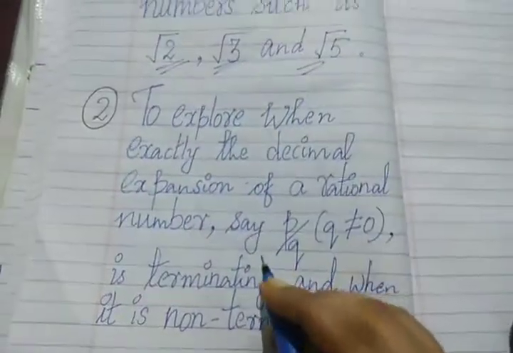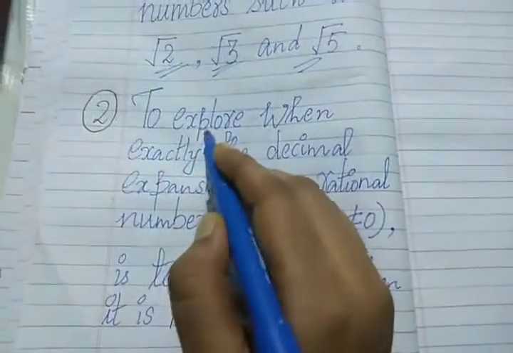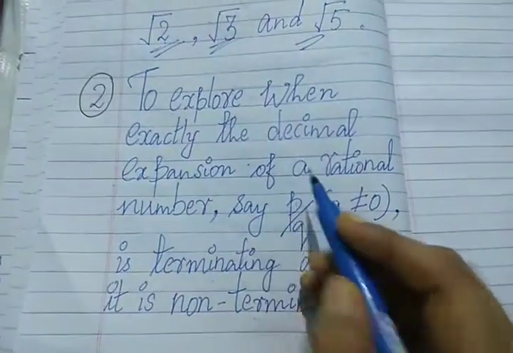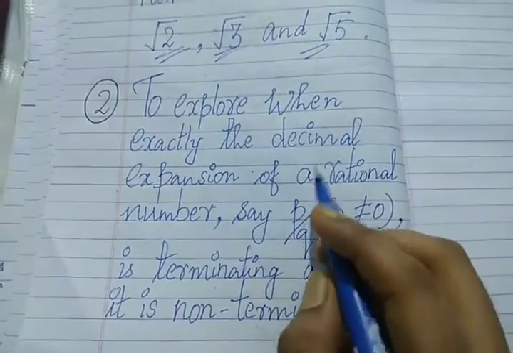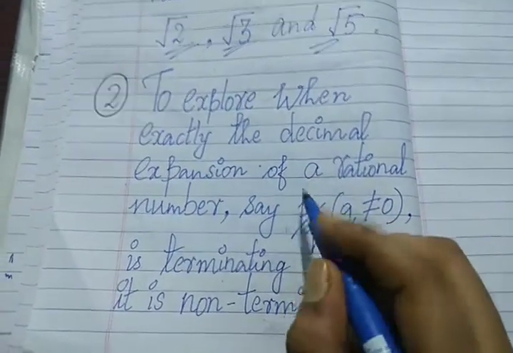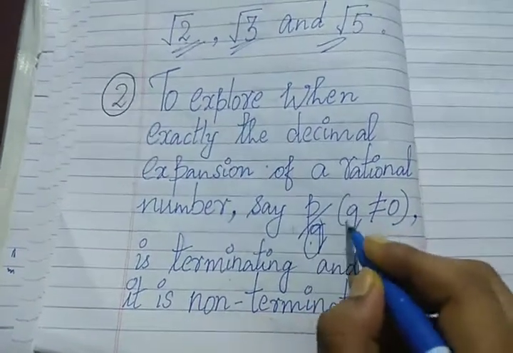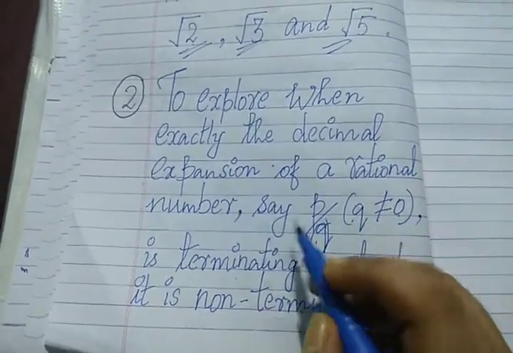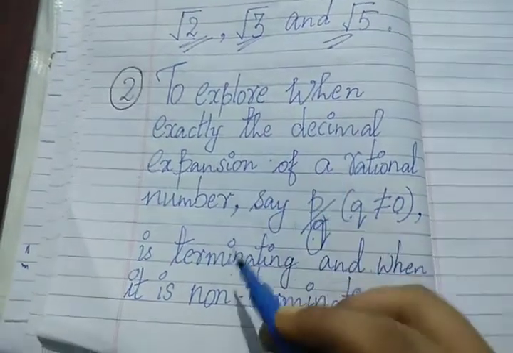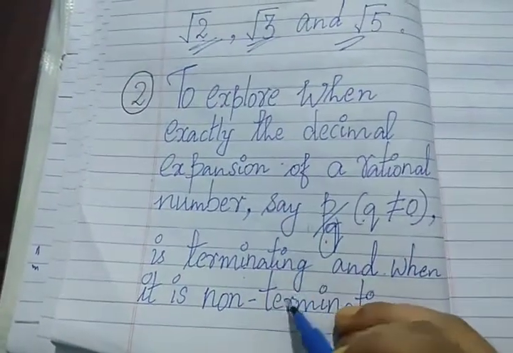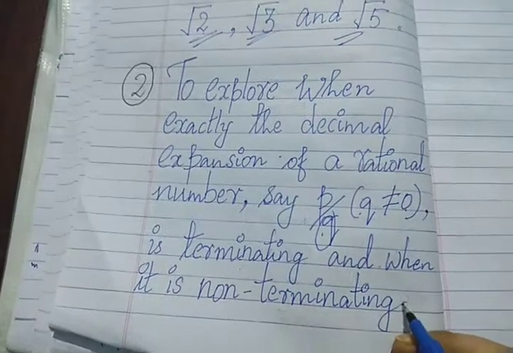The second thing in which we'll be applying this theorem is exploring when exactly the decimal expansion of a rational number like p by q or n by m, where the denominator q is not equal to 0, is terminating or when it is non-terminating. We'll be learning it.